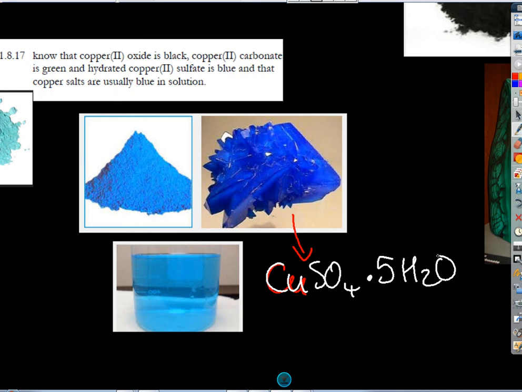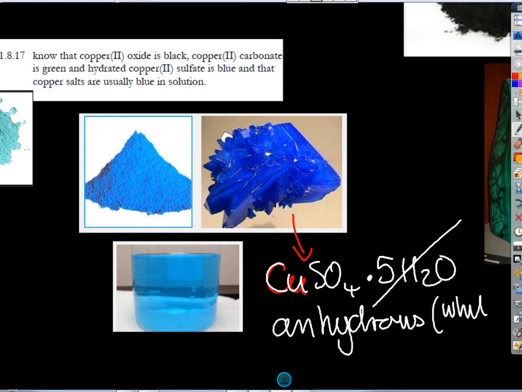So it's water trapped in the crystals. If I was to heat that, I would get rid of the water, and that would become a compound called anhydrous copper sulfate. And it's very different looking. It's a white powder as opposed to that nice blue crystal that you see in front of you there now.